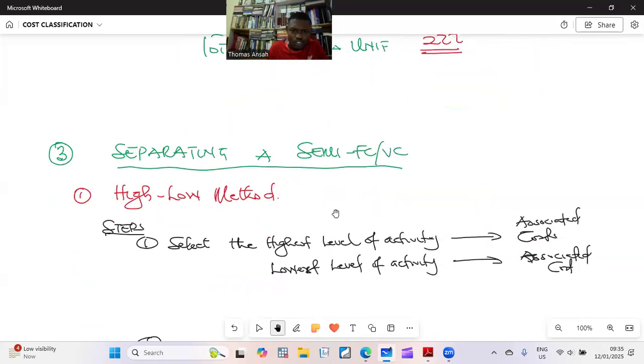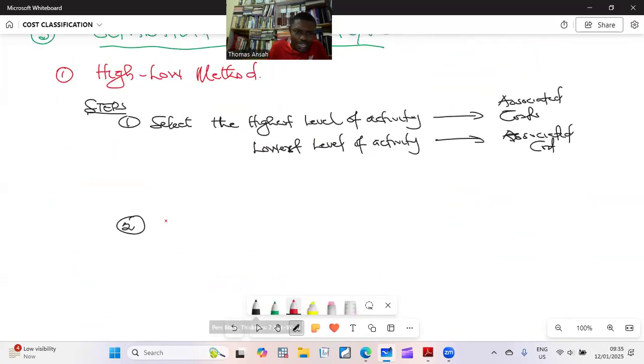So a total cost is equal to the total fixed cost plus the variable cost per unit multiplied by the level of activity.